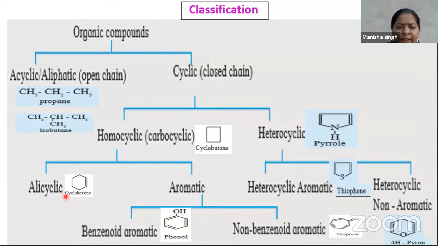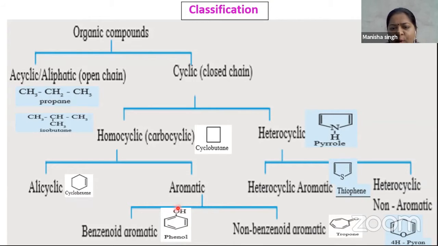When a reaction takes place, it actually behaves as an aliphatic compound when the ring gets broken. The example of an alicyclic compound is cyclohexene. And if we remove that double bond, then it will be cyclohexane. So cyclohexane and cyclohexene are both examples of alicyclic compounds.